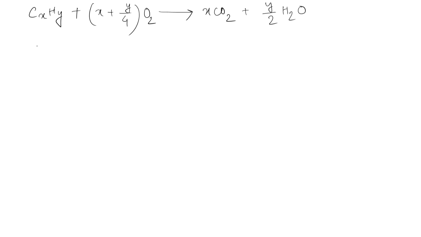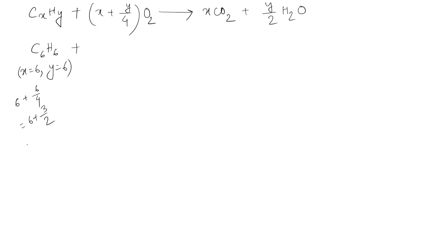Okay. Benzene is C6H6. So, here x equal to 6, y equal to 6. Now, x plus y by 4. So, 6 plus 6 by 4. 6 by 4 is 3 by 2.